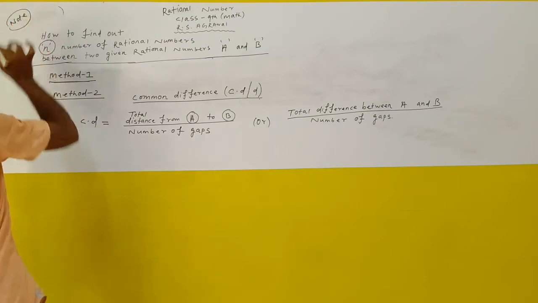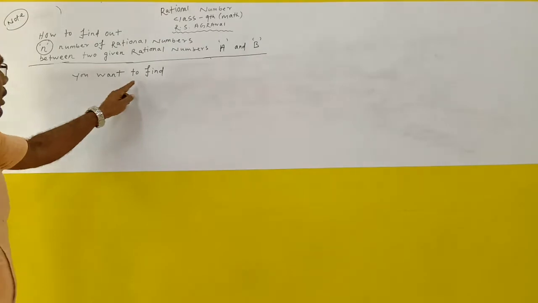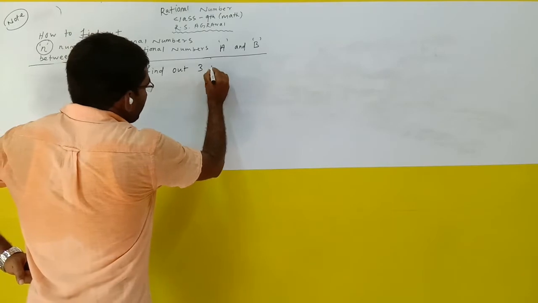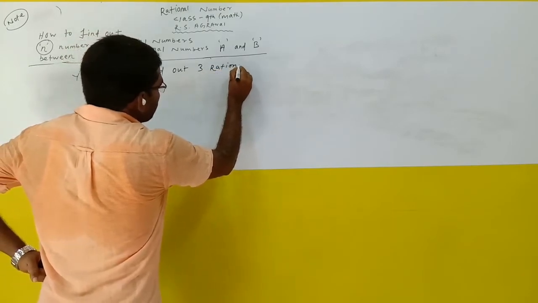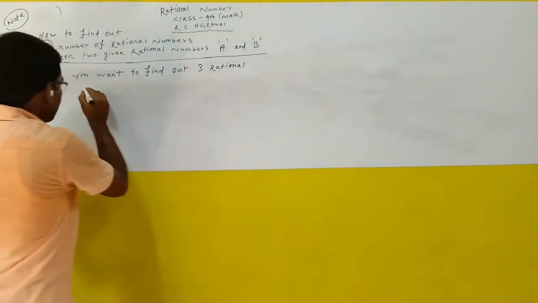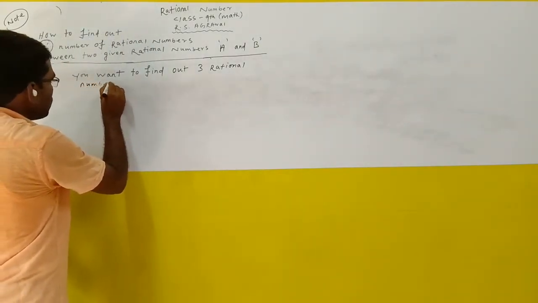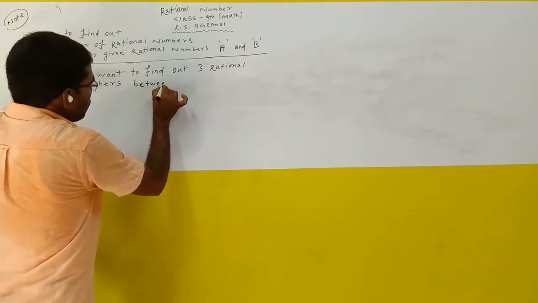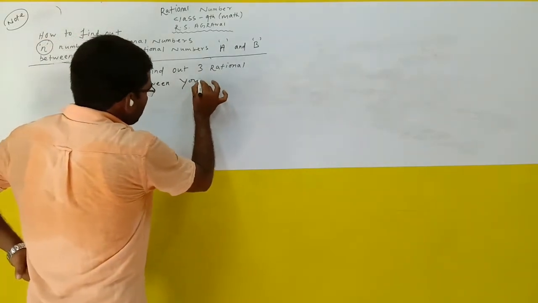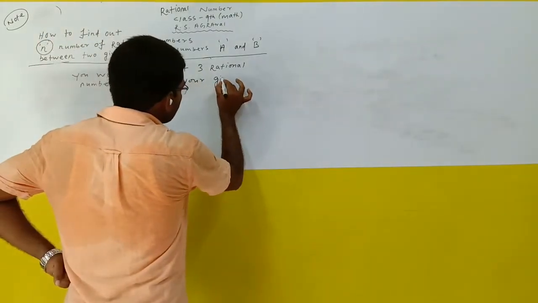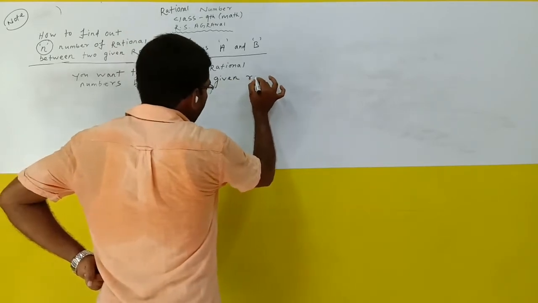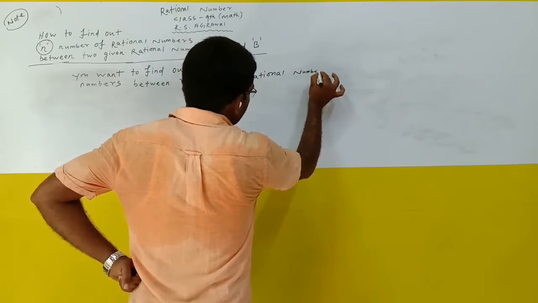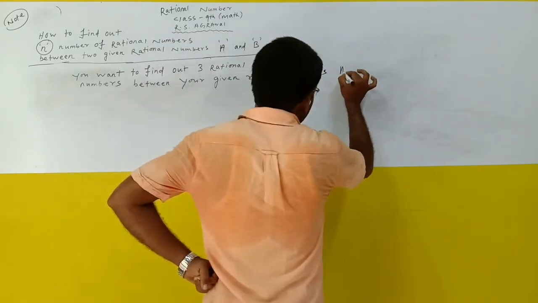Suppose students, you want to find out three rational numbers between your given rational numbers A and B.